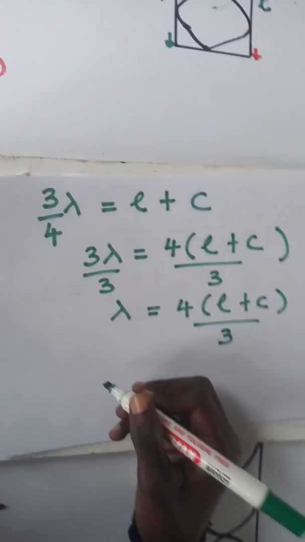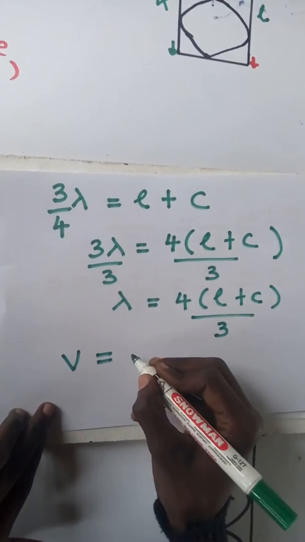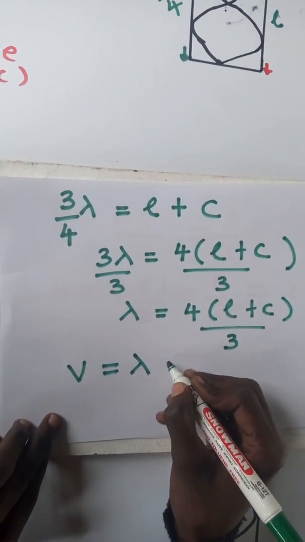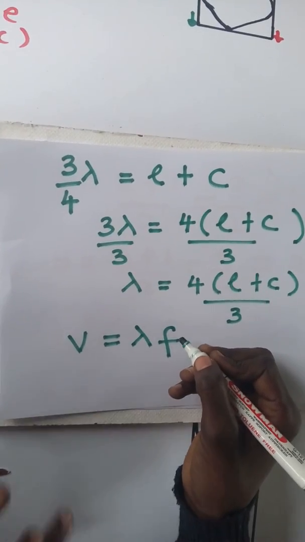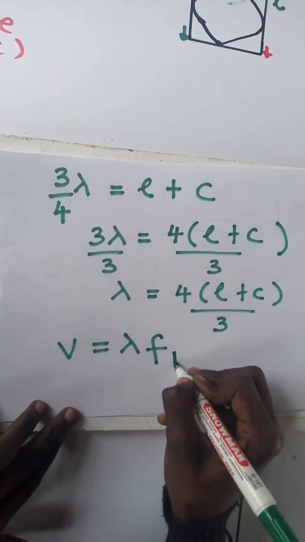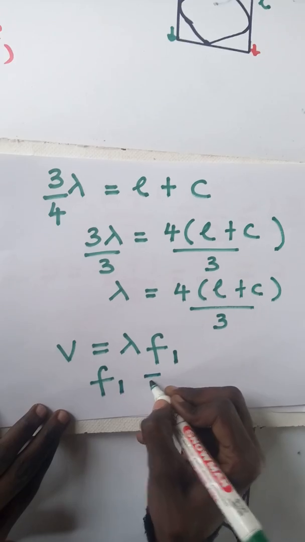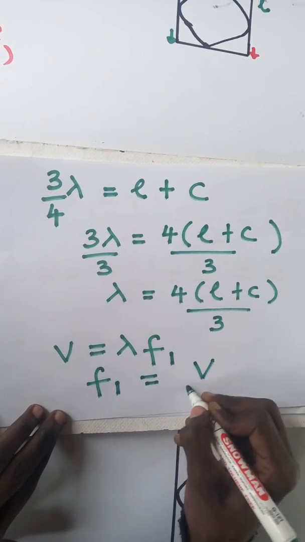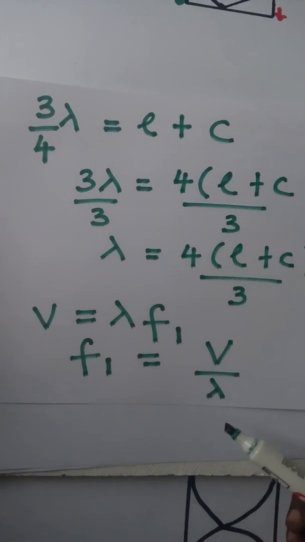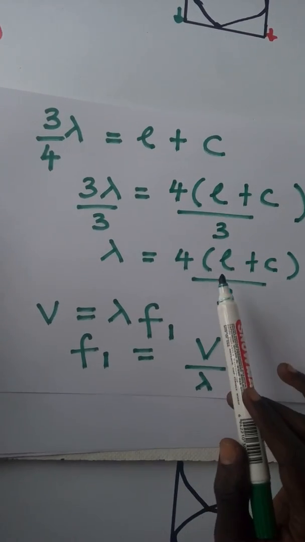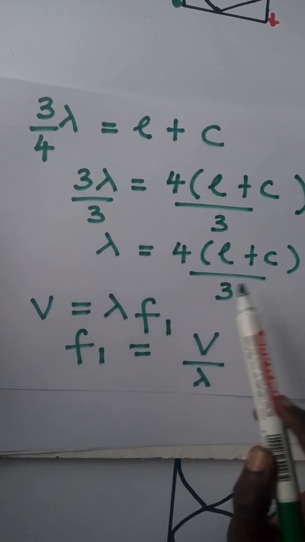But the relationship between velocity is equal to wavelength times frequency, but this is the frequency of the first overtone or second harmonic. So frequency of the first overtone is equal to velocity over wavelength, but wavelength is equal to 4 times (length of the closed pipe plus end correction) over 3.